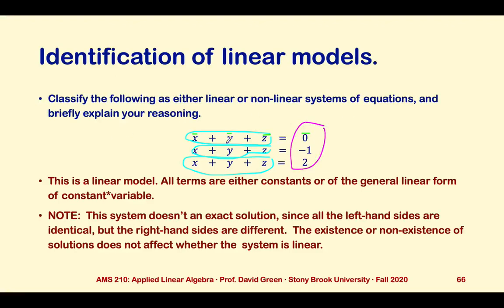If the left-hand sides are all the same, but the right-hand sides are different, this system can't have an answer. There's no way we can find a set of x, y, and z that make all of these true at the same time. That is true. This system does not have an exact solution. This has no impact on whether the system is linear or not, though.